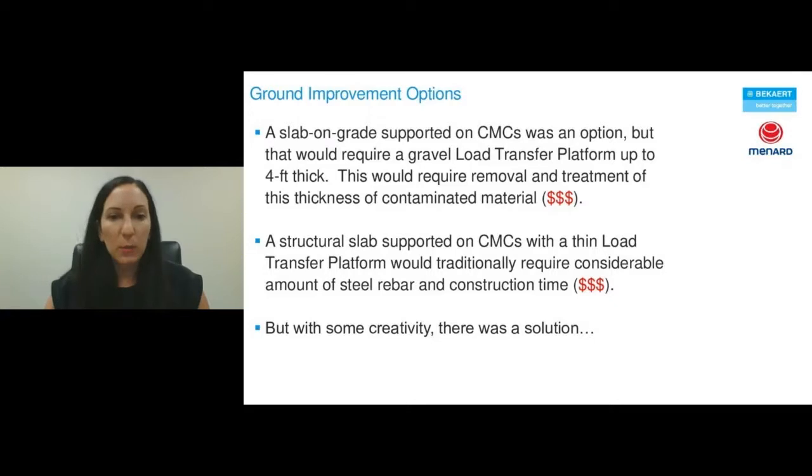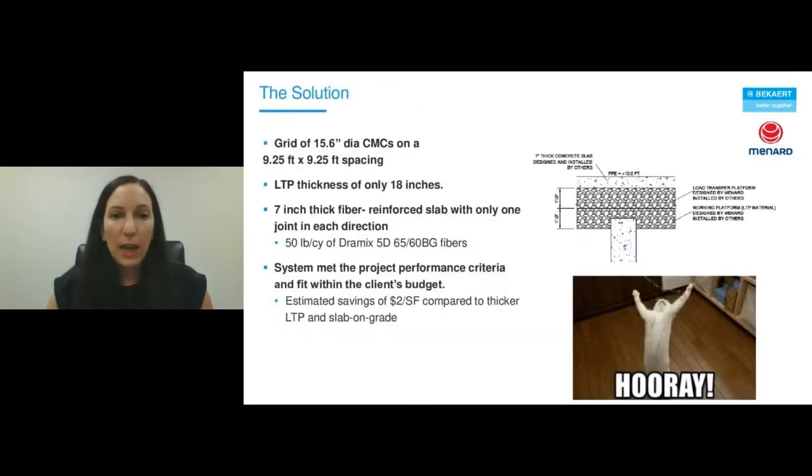So in this case, we were able to come up with a really nice creative solution. This was a 15.6 inch diameter CMC solution on 9¼ foot grid spacing. It had only an 18 inch LTP thickness, and we were able to do this with a 7 inch slab with 50 pounds per cubic yard of our Dramix 5D 65/60 BG fibers.